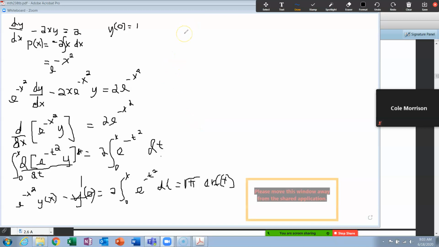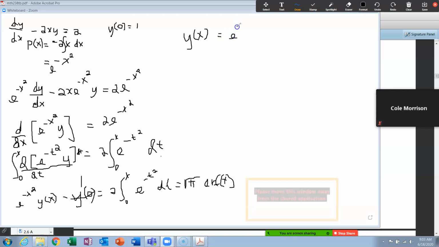Here is our answer. Y of x is equal to, now I think I'll start with the plus 1 that I did there, but then I multiplied it by e to the x squared. Well, the e to the x squared is multiplied by everything on this side, so let's just pull it out.